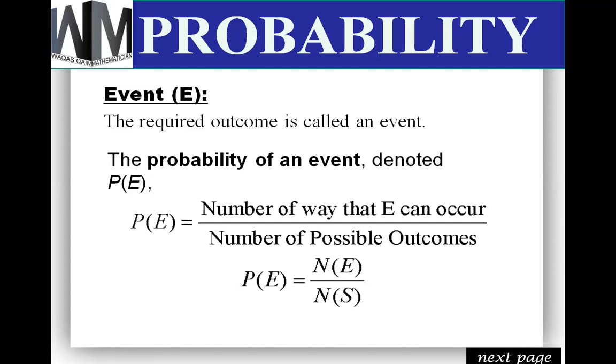How we use that formula for calculating probability will be in the next slide. For now, you are just going to note down that the formula of probability is the number of events divided by the number of outcomes. Whenever we divide the number of events by the number of total outcomes, that will be the probability of that event.